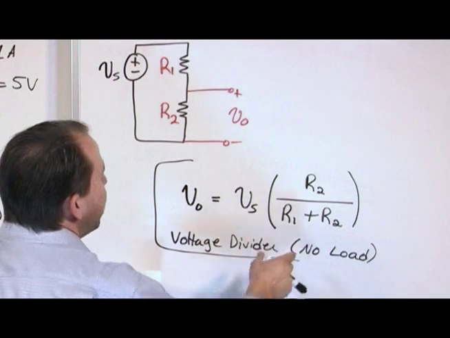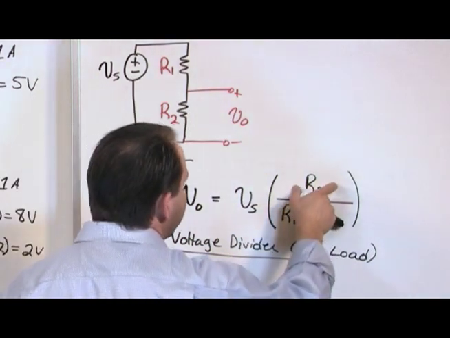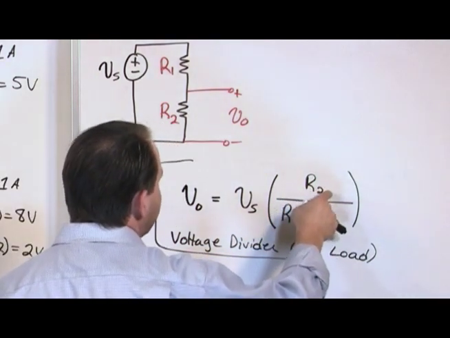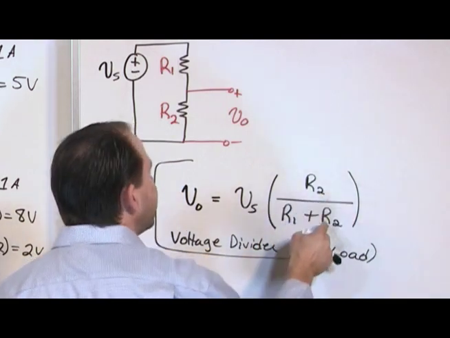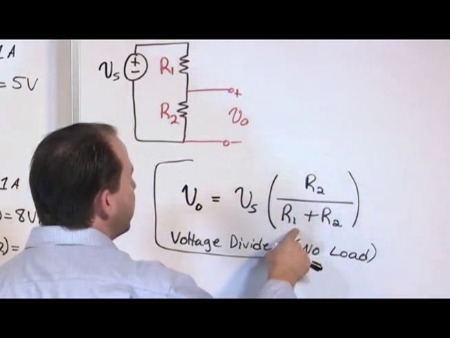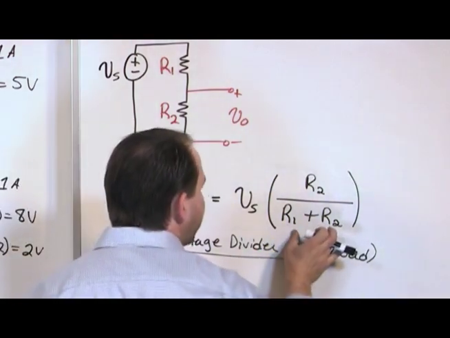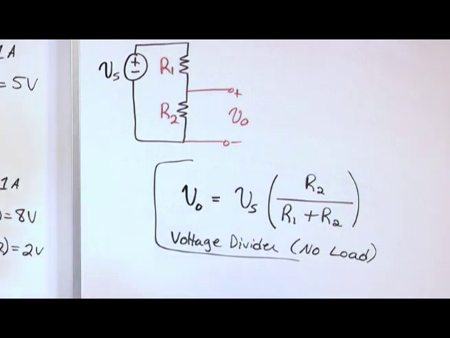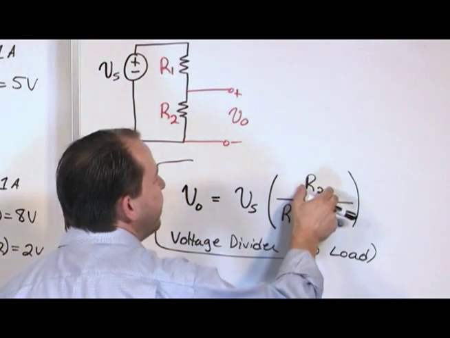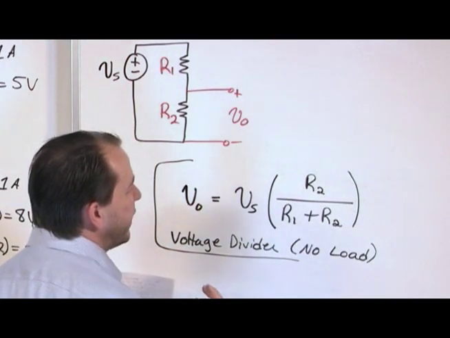In other words, if R2 is very, very big, if it's the largest guy, then this numerator is going to dominate, and the denominator, since it's R1 plus R2, is going to be just a little bit bigger. So this fraction is always going to be a number less than 1. That's sort of the bottom line. But if R2 is very large, it's going to be a number very close to 1.